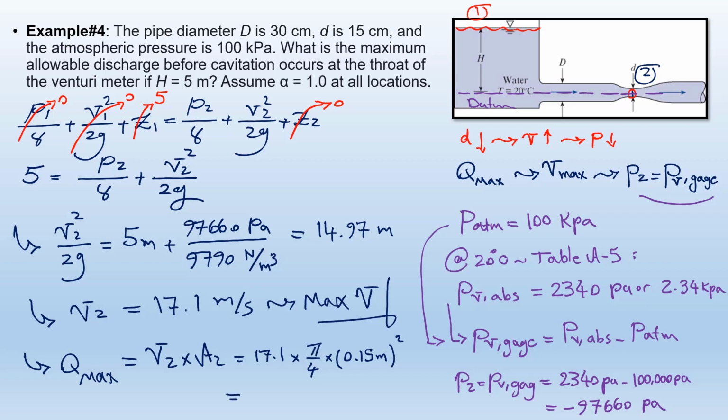As a result of that, Q is equal to cubic meters per second. Okay, and this is the maximum allowable flow rate. In other words, any flow rate equal to or greater than this flow rate will generate cavitation at the throat of the venturimeter. So whenever you're designing such a system, you need to make sure that the flow rate in your pipe is smaller than this maximum flow rate.